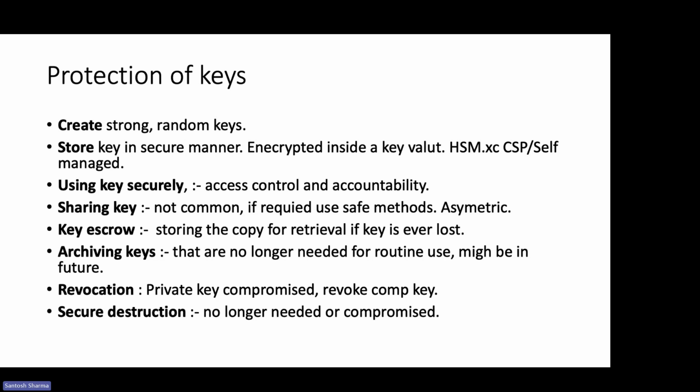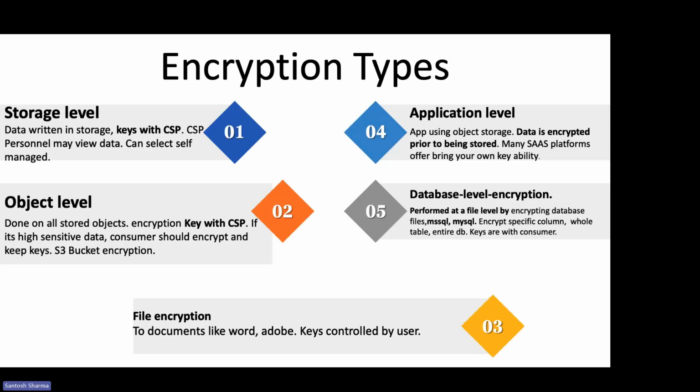Then we have revocation. Revocation is if your key is compromised, you want to revoke it so it cannot be used. And then you also need to destroy it, because the key is no longer needed or it is compromised. Better to destroy that. There are different encryption levels, I would say, not types.